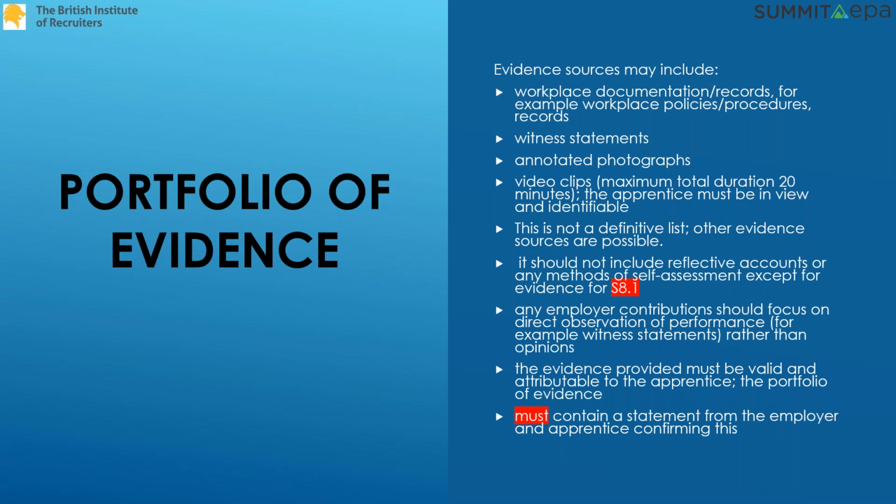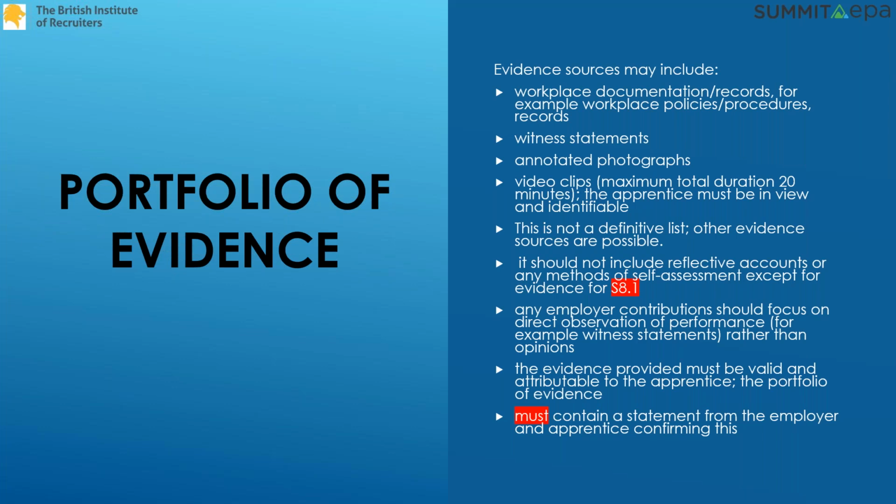There's not a definitive list, and other sources are possible, but what it should not include, and this is very important, any reflective accounts or self-assessments. In other words, when a learner is writing, they're writing exactly what they did and not a reflection on what they did.